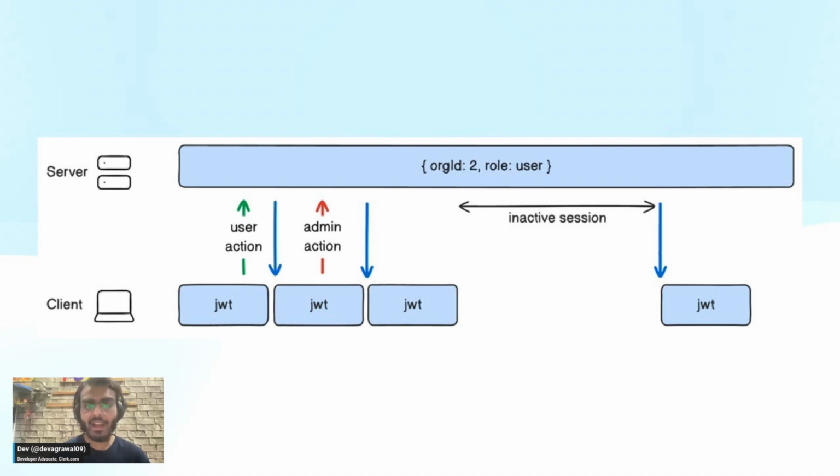And we can even have inactivity timeouts. So we can say that if you're inactive for more than 15 minutes, you now have to sign in again. We can do that by adding a check here saying that if the last time you used this session to generate a token was more than 15 minutes ago, you now have to sign in again. This session is no longer valid.